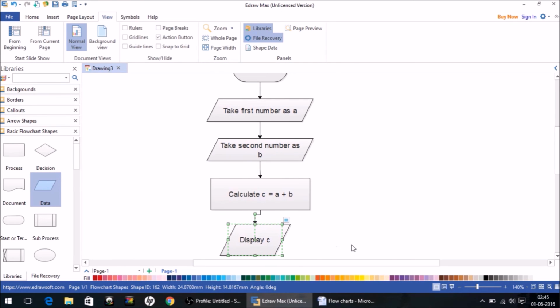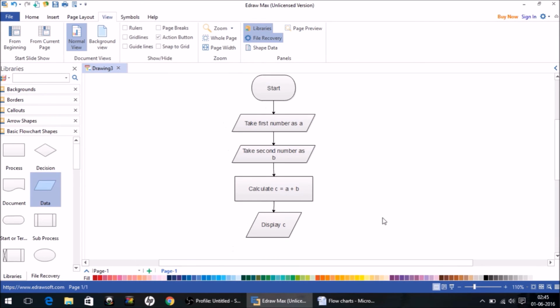Now talking about these connectors, the arrow makes a lot of sense here. It indicates from where to where the flow of the information or the process is going. So make sure you are maintaining the correct flow here.